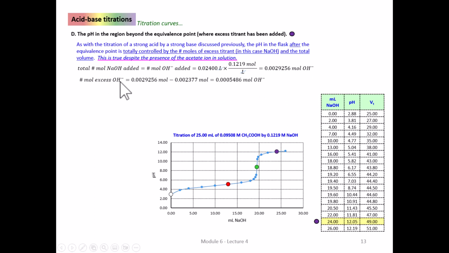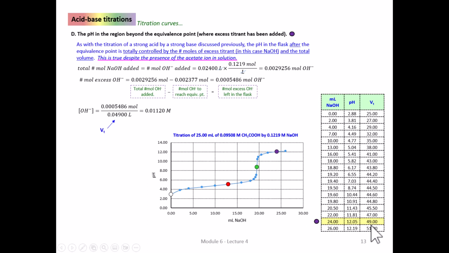The number of moles of excess hydroxide would be how many we've added in total, minus the number needed to reach the equivalence point. The concentration of hydroxide would be that number of moles divided by the total volume at that point in the flask, which is 25 that we started with plus the 24, so 49.